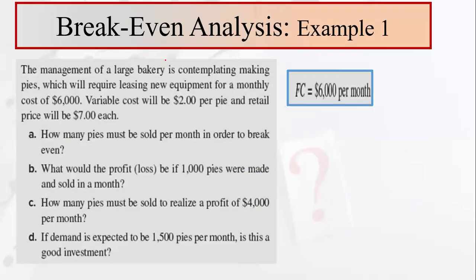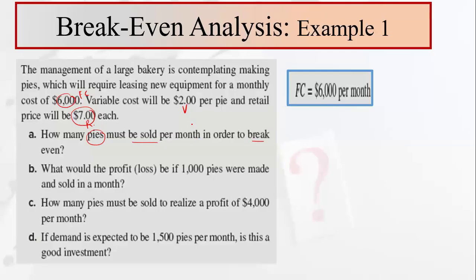An example here: the fixed cost per month is 6,000, and the variable cost V equals 2. The revenue R, the price of an item, is $7. What is he asking you? How many pies must be sold per month to break even?